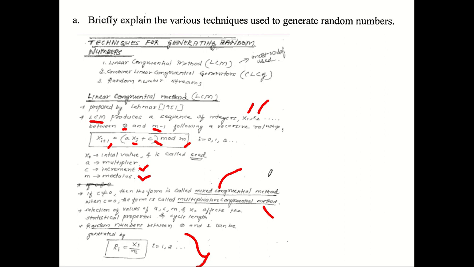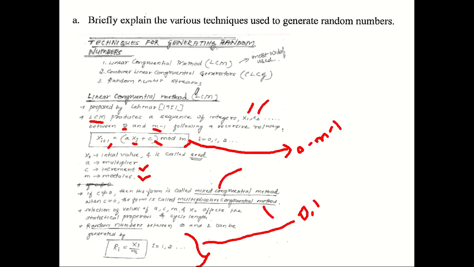So these two formulas will be used: the first one generates a random number between 0 and m minus 1, and this formula generates a random number between 0 and 1. Let us consider an example of how to generate a random number between 0 and m minus 1 and between 0 and 1.